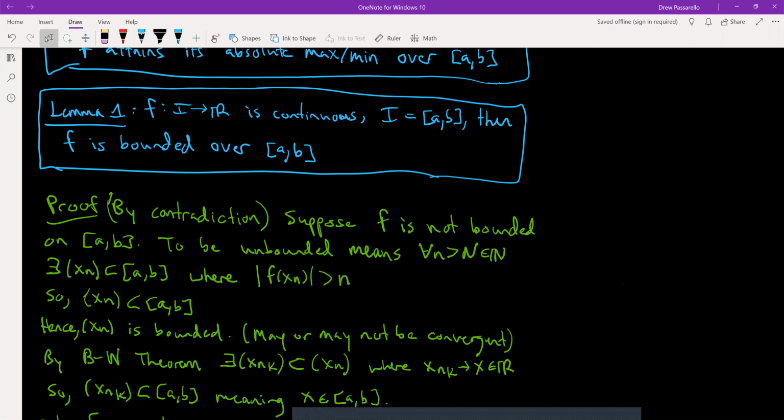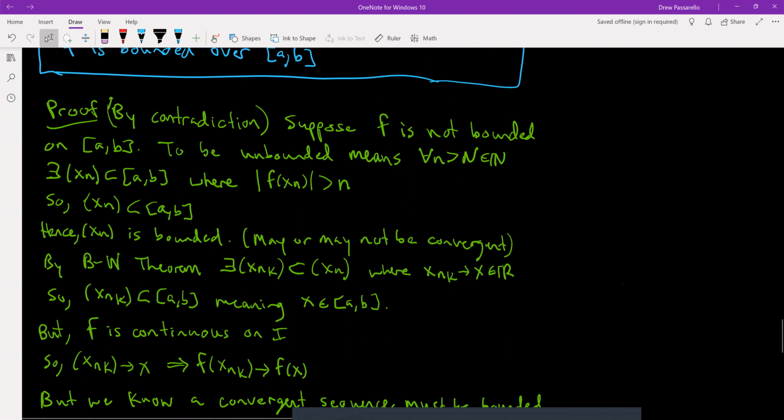But we know by the Bolzano-Weierstrass theorem that for any bounded sequence, there's going to be a convergent subsequence. So there exists a convergent subsequence x_{n_k} that converges to some number x. Since x_{n_k} is in our closed interval [a, b], the limit x is also in the closed interval [a, b].